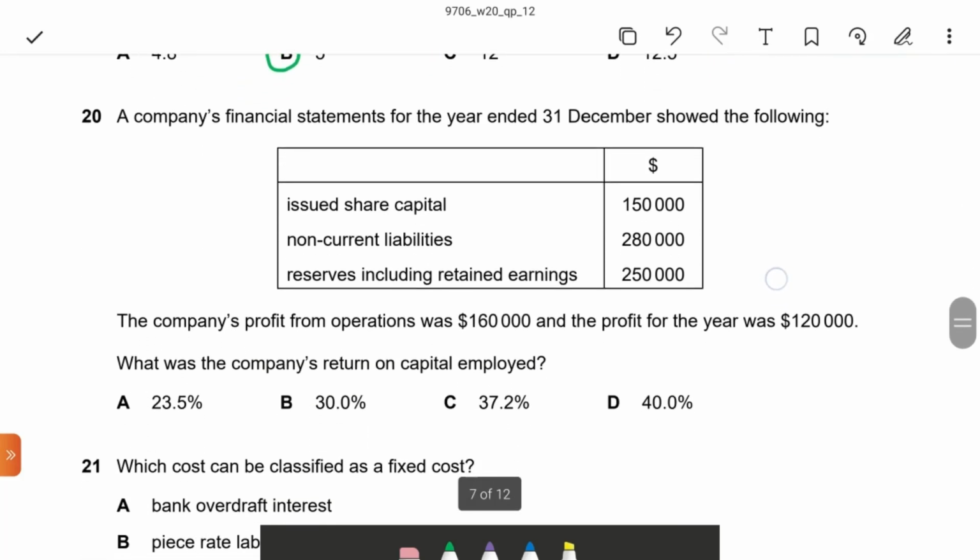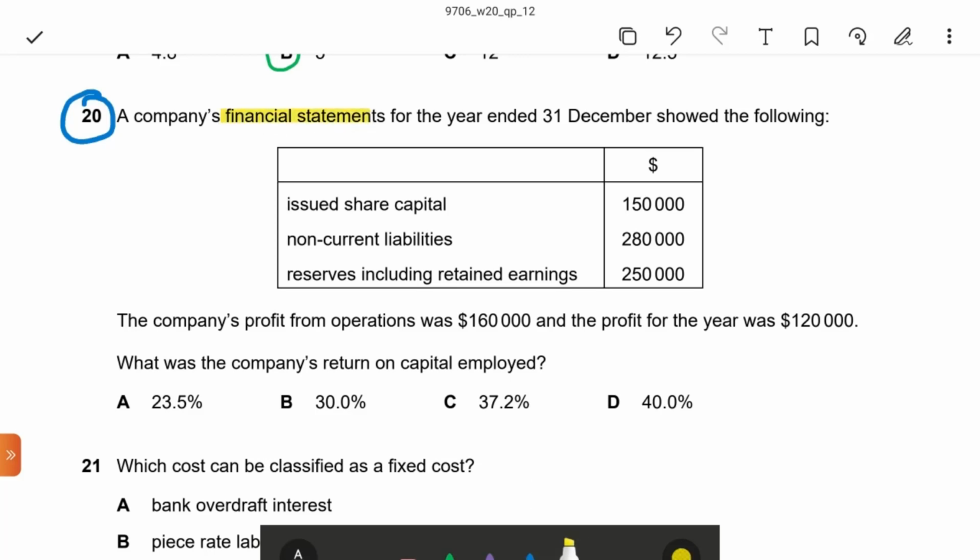Next, question number 20. A company's financial statement for the year ended 31st December showed the following: issued share capital, non-current liabilities, reserves including retained earnings. The company's profit from operation is given 160,000 and the profit for the year is 120,000.